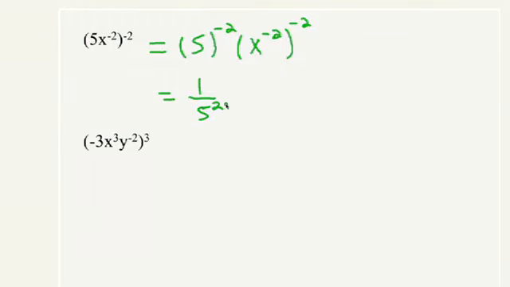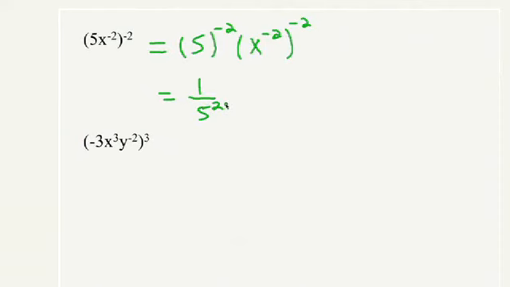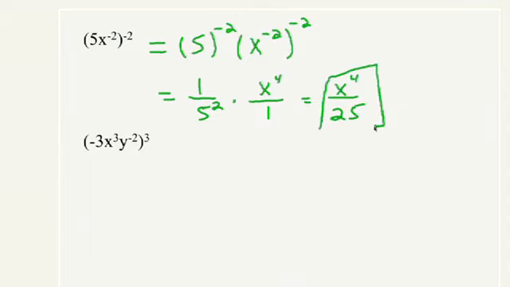Again, the negative exponent just moves it from top to bottom. It doesn't make the number negative or do anything like that. Over here, negative 2 times negative 2 is positive 4. So this is just x to the 4th. So 1 times x to the 4th gives me x to the 4th in the top. 5 squared, or 25, times 1 is just 25. So this is the final answer for this one.